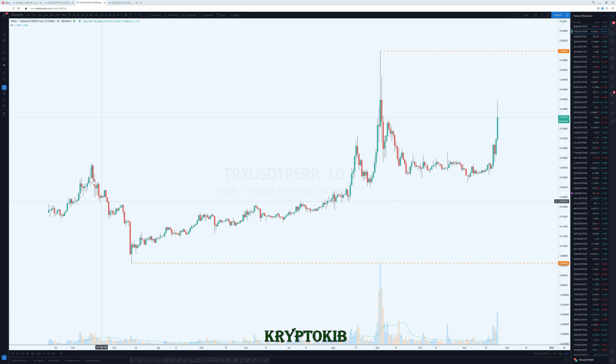You want to read from a high to a low, making a lower low, and from a lower low to a higher high. Those are the highs to break and the lows to break. So that is that for this coin.